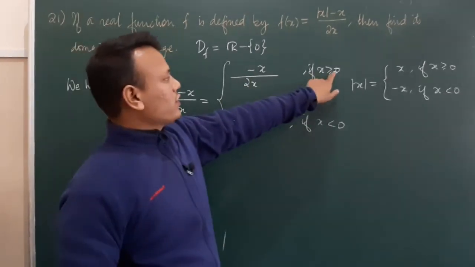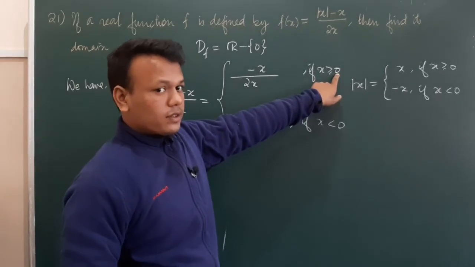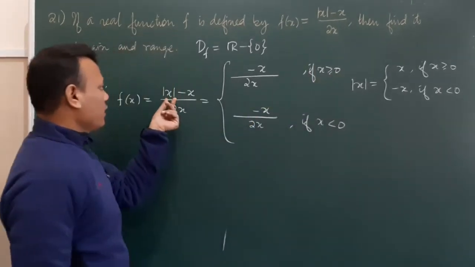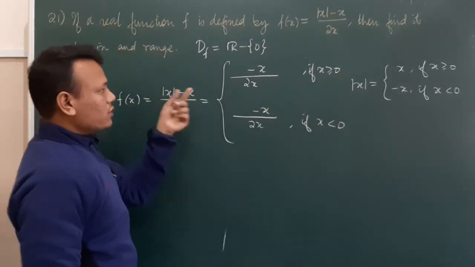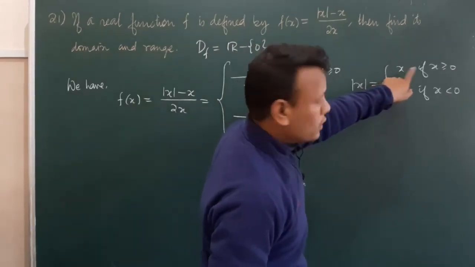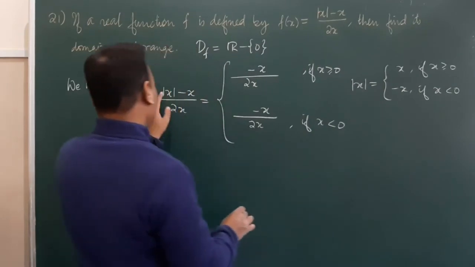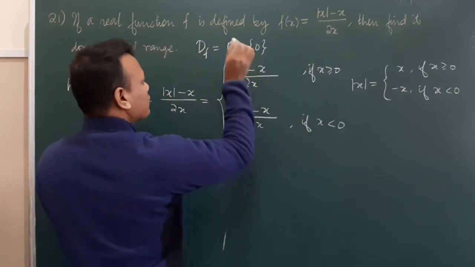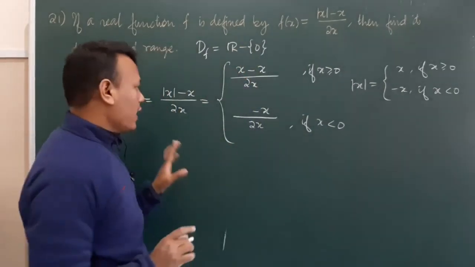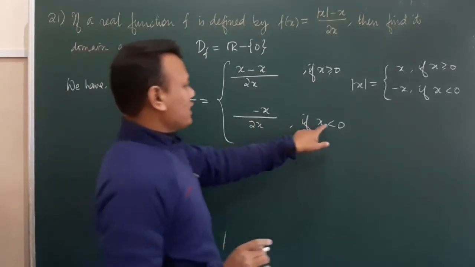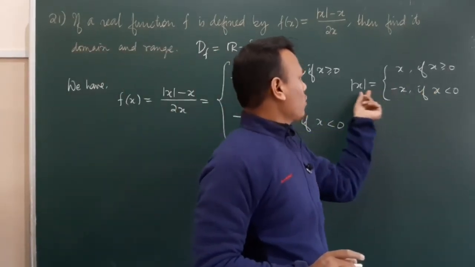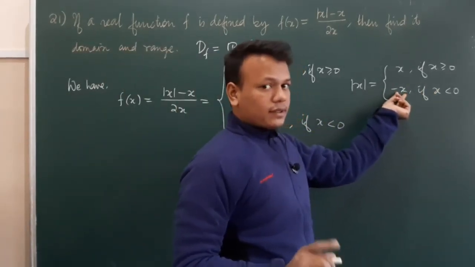Now if x is greater than or equal to 0, then this modulus x becomes how much? It becomes x, isn't it? So instead of modulus x, I am writing x here. Now if x is less than 0, then modulus x can be written as minus x, isn't it?